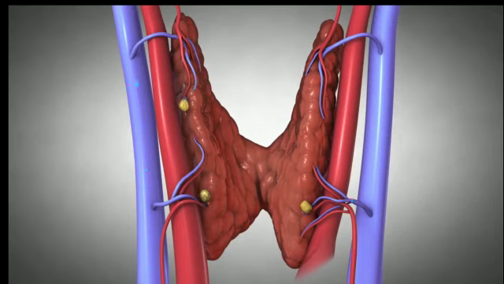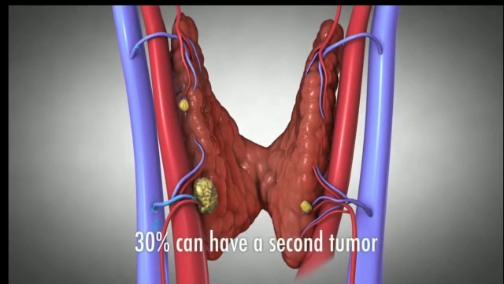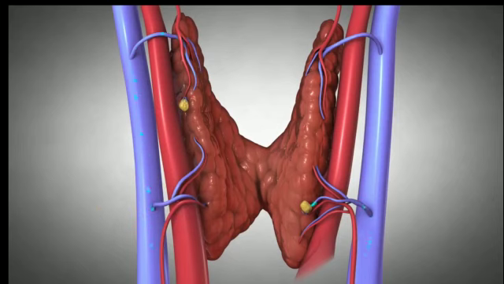Since as many as 30% of patients with hyperparathyroidism will have more than one parathyroid tumor, your surgeon will examine all 4 parathyroid glands to be sure a second tumor has not been left behind. Once all parathyroid tumors have been removed, the disease is cured.